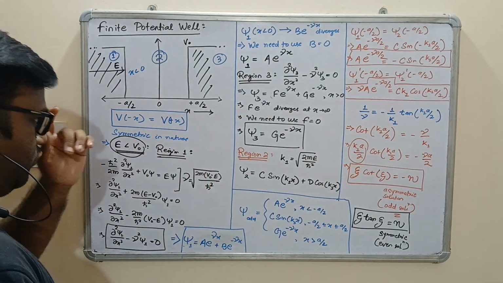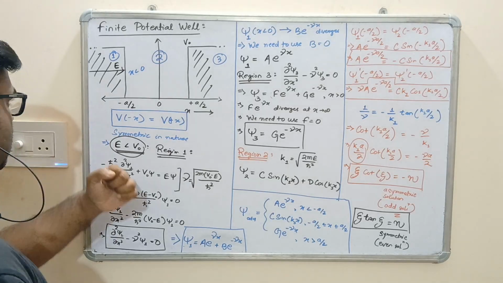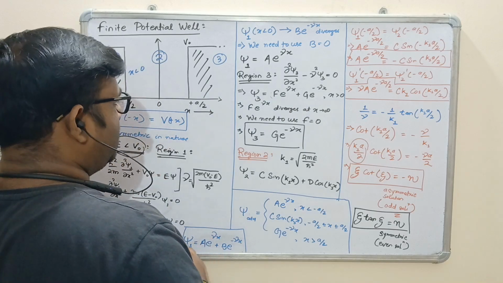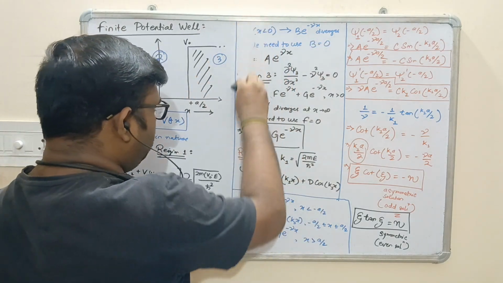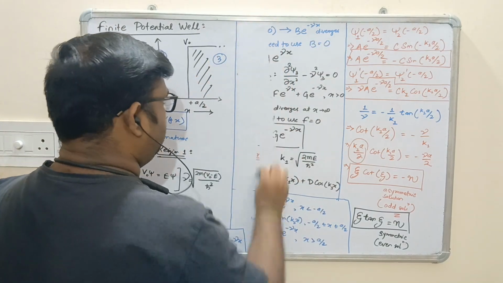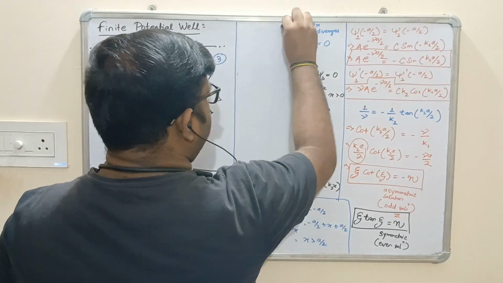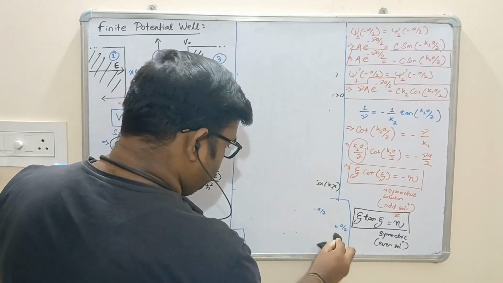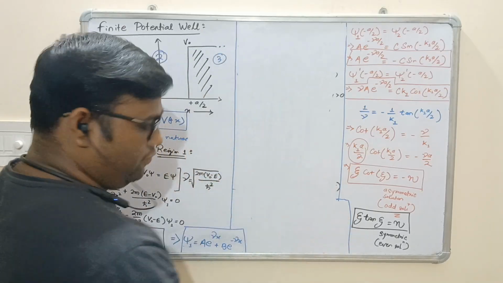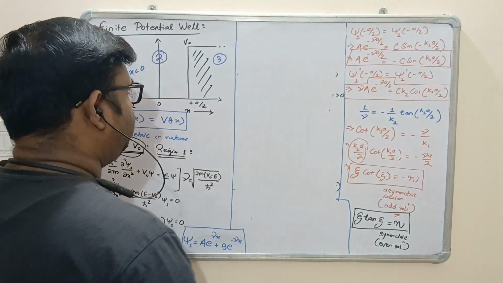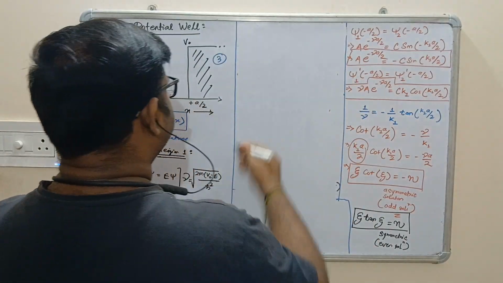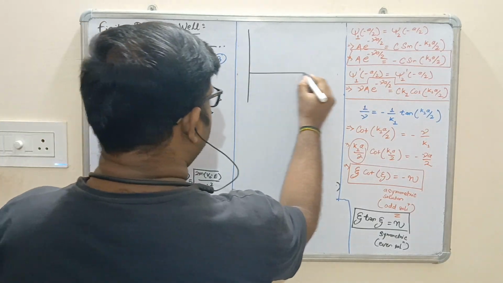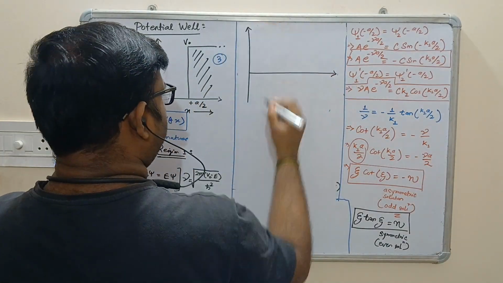Now, before we go there, I have to draw a diagram of eta and E. So I have to remove this part, and then I will use the graph which we need. Now look at it. This is a plot.